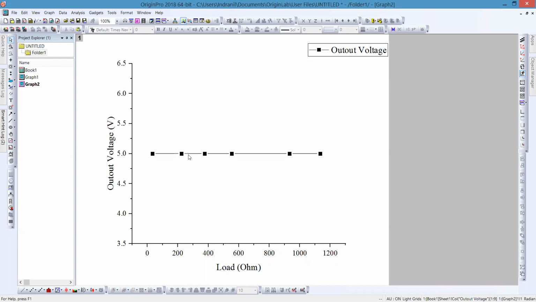So as the load resistor is changing in ohms, still the output voltage is constant, maintaining a constant voltage of 5 volt. So this is basically load regulation in case of Zener diode. Okay. Any query?